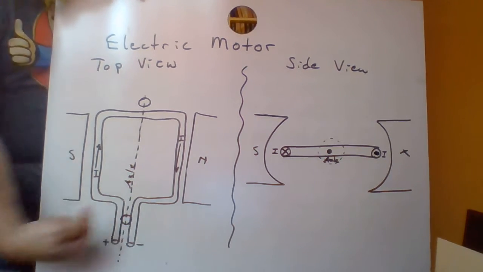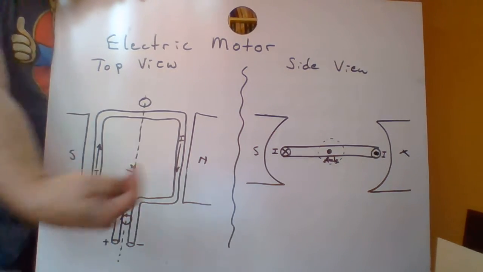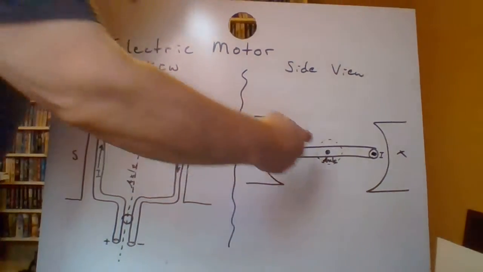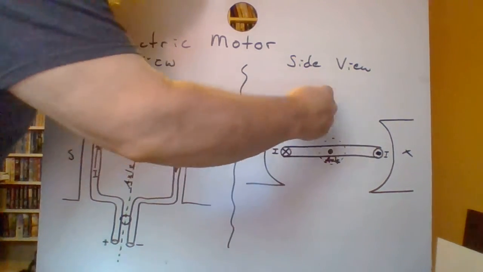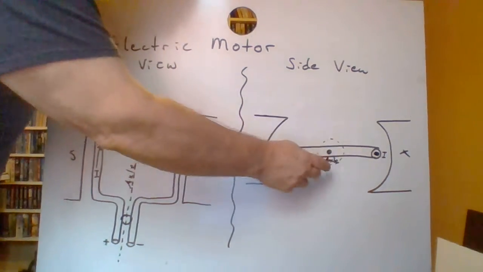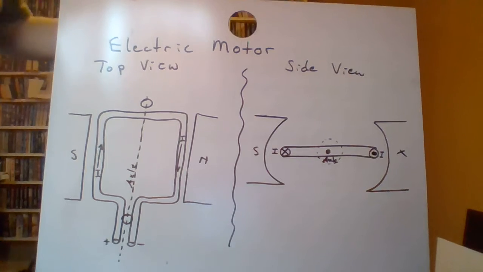And in this case, the rotation would be into and out of the board here. This is the side view of it. This could rotate either counterclockwise or clockwise in this diagram. So this is the side view, this is the top view.